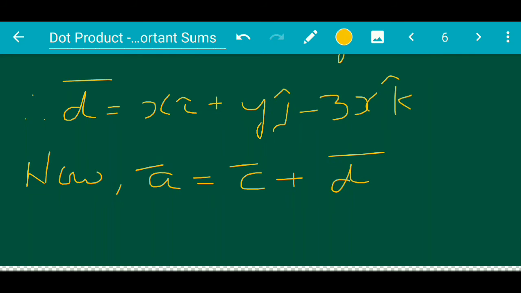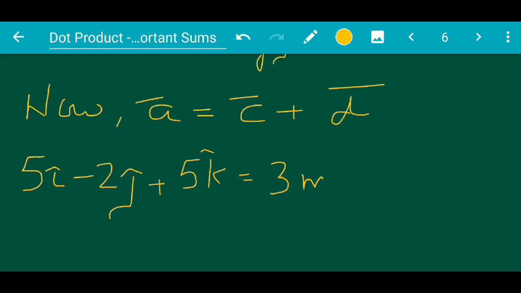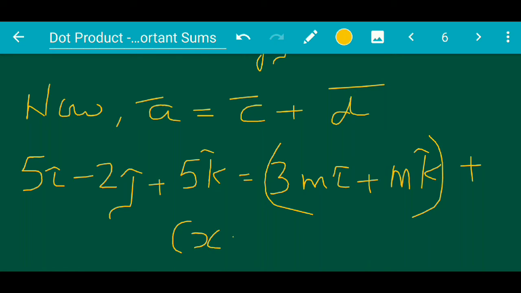The value of a is given to us: 5i minus 2j plus 5k is equal to the value of c which we found just now, 3m i plus m k, plus the value of d which we found out just now, xi plus yj minus 3x k.